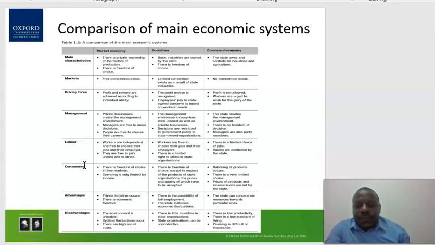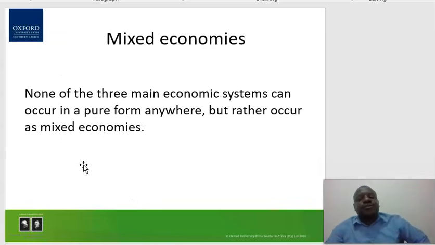Here we continue to compare, but this is for you to do. I'm sure you also get a task where you are supposed to compare the three main economic systems. This slide just makes it simpler for you to understand the differences between them. It's important also to state that it is difficult to find a pure free market system in the world, as it is difficult to find a pure command system.